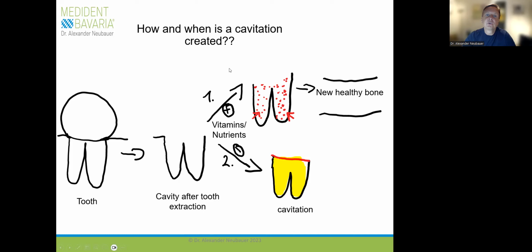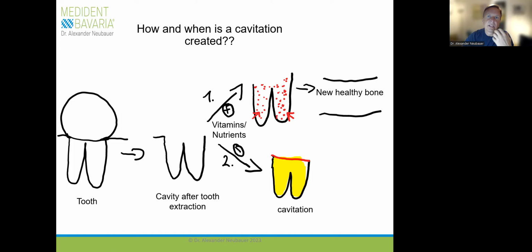And then we have two ways. Way number one, the way above here in the presentation, is the way of the perfect natural healing, which we all would like to have. In the first way, the first thing that happens is that blood vessels are growing inside here. The hole is filled up with blood.